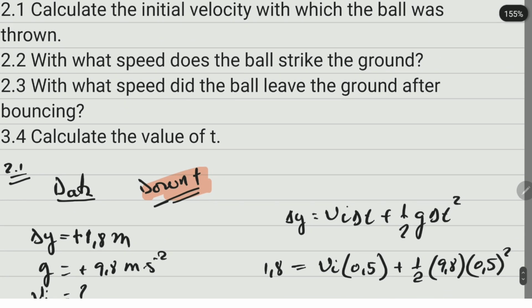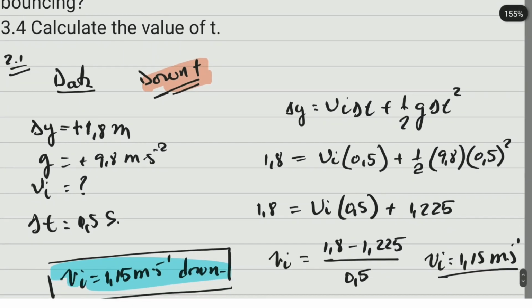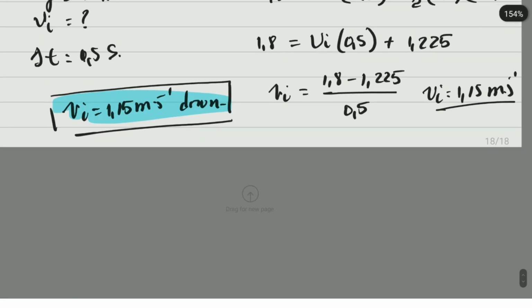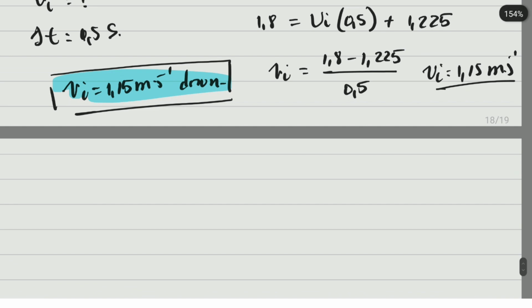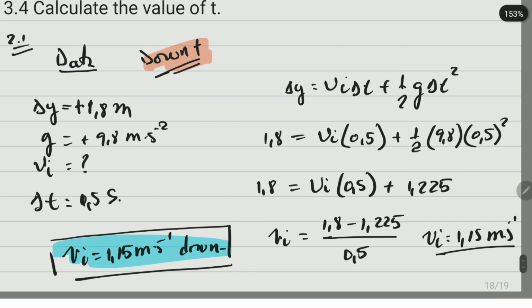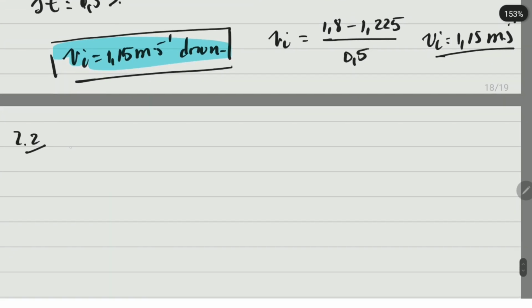Now, question 2.2, with what speed does the ball strike the ground? In that case, they're asking us to calculate the final velocity of the ball, for the first motion of the ball before it bounces. So let's calculate that one real fast. This is question 2.2. Let's write the data, let's write what we have. Let's always do that.